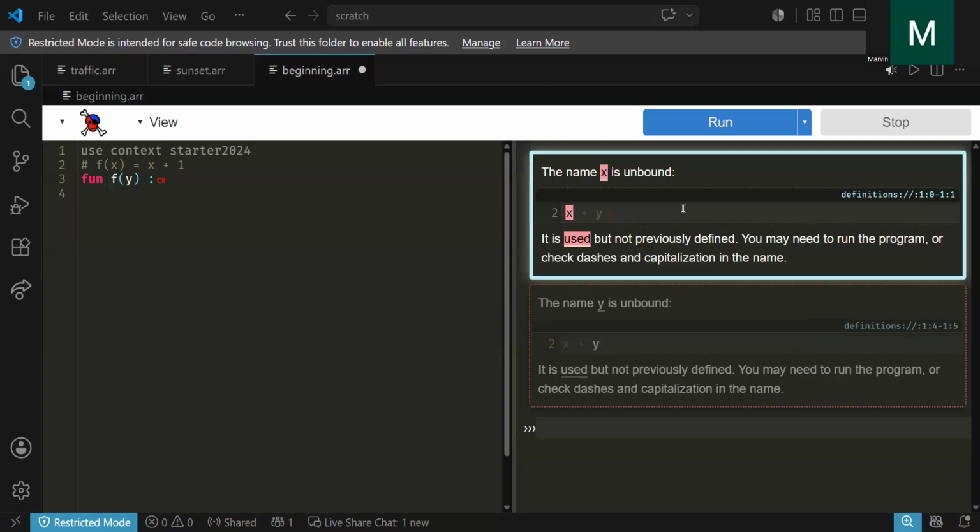Do you want to add one to y? How do we add numbers?